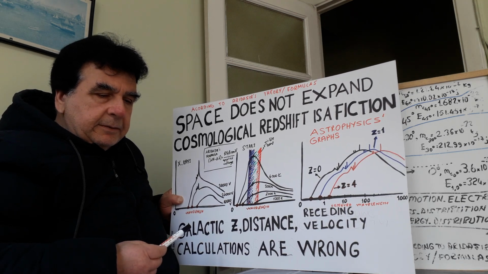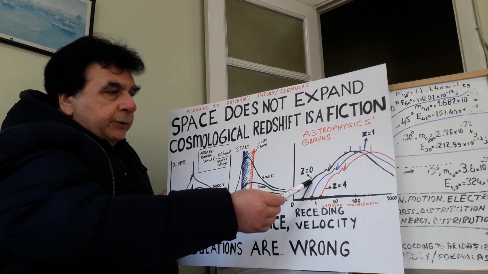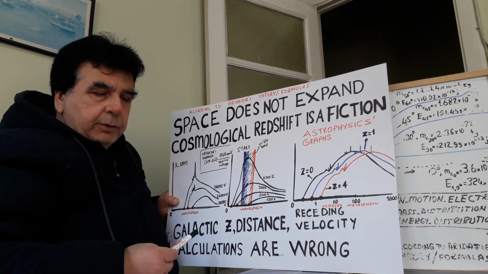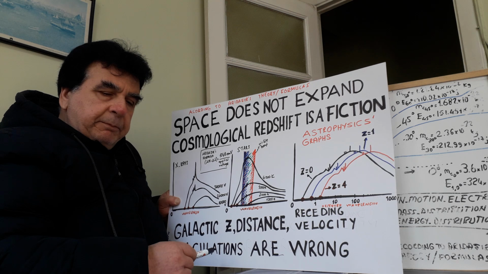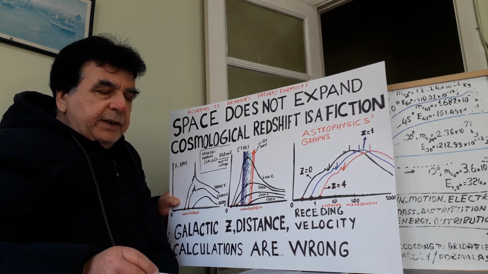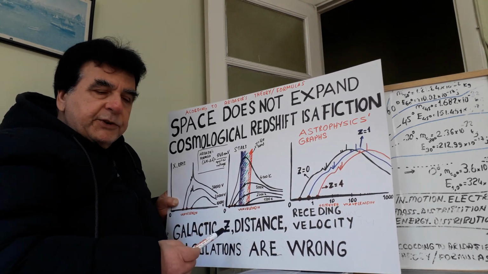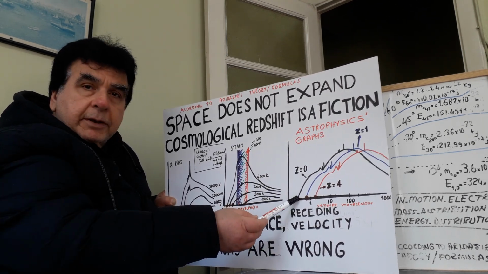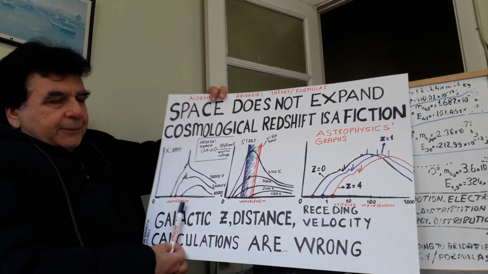And how can a graph that is supposed to represent the Z equals 0 motionless galaxy contain the smallest minimum wavelength? This is wrong. This is wrong.